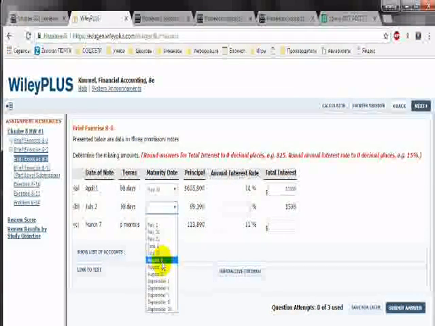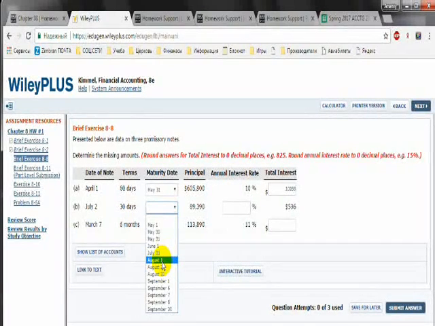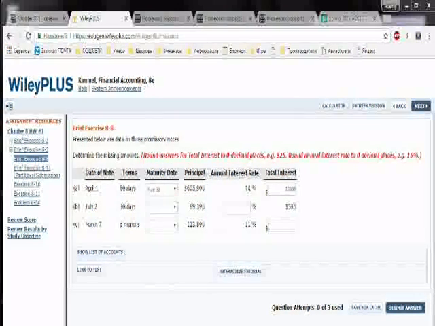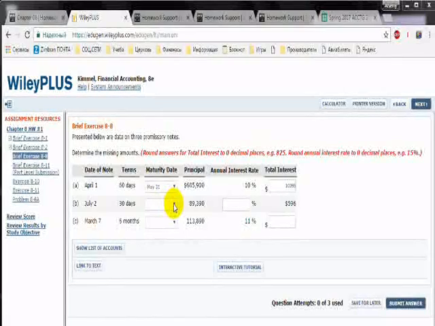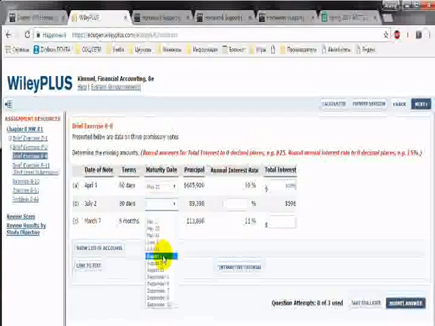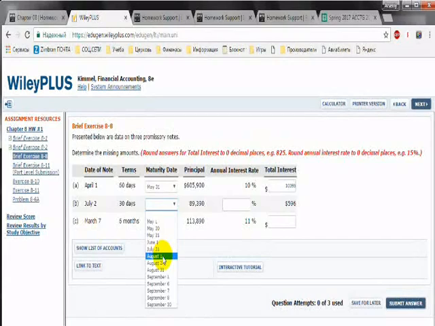If you count the 30 days exactly from July 2nd, let me count that. It will be, as we counted, August 1st.